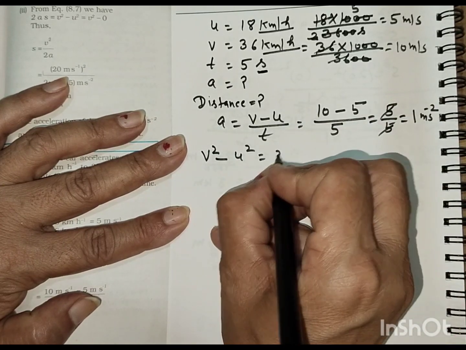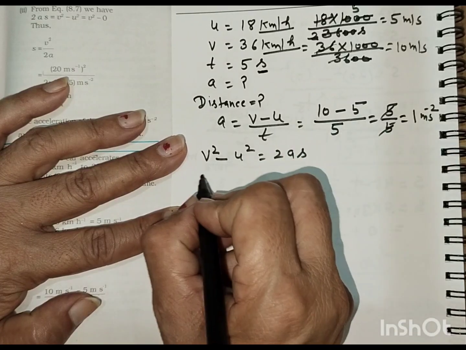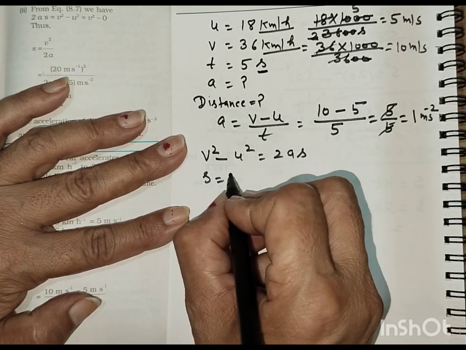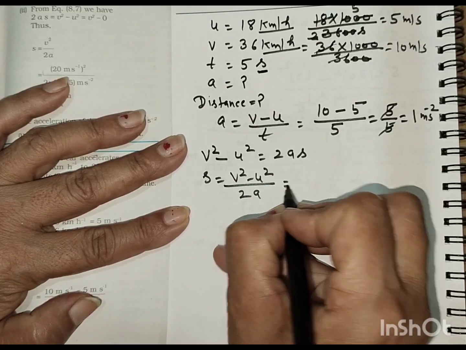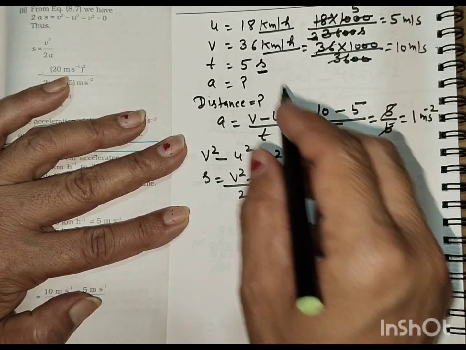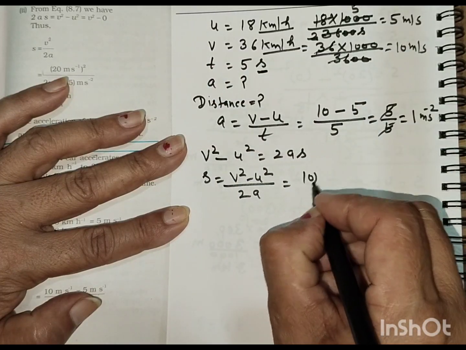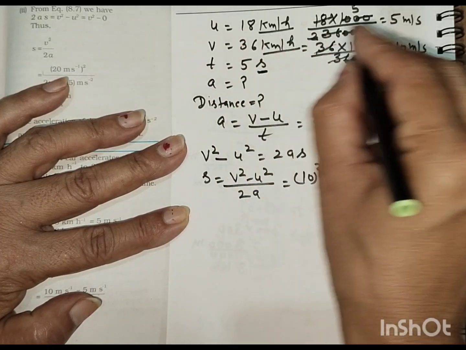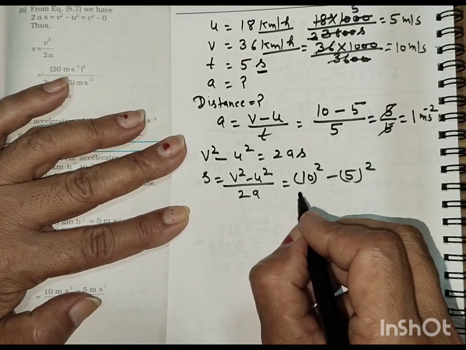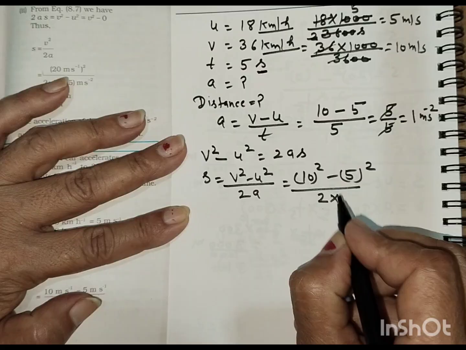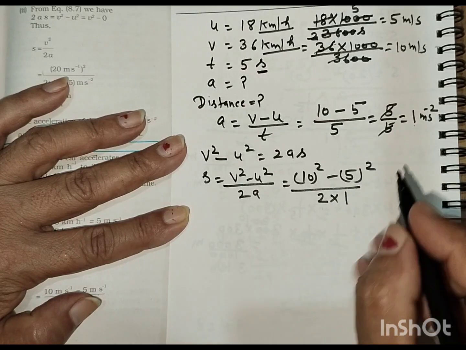v square minus u square is equal to 2as, and s comes outside, then v square minus u square by 2a. Then it becomes v square, 10 square, minus u is 5 meter per second, 5 square, by 2 into a, which is equal to 1.